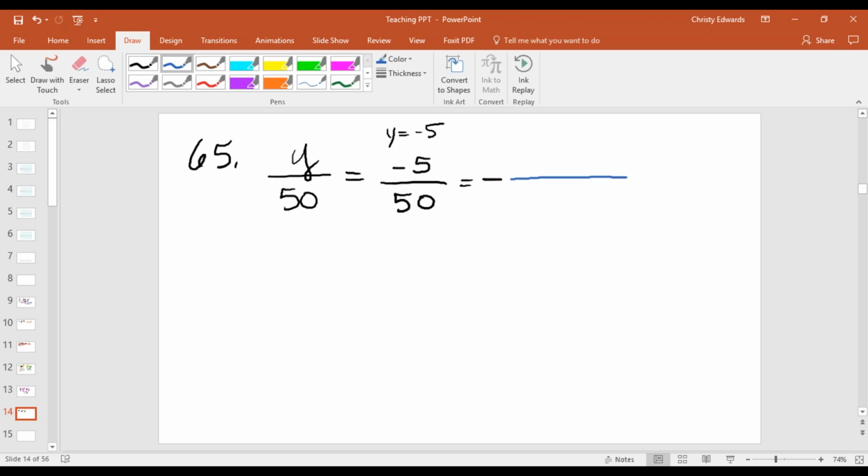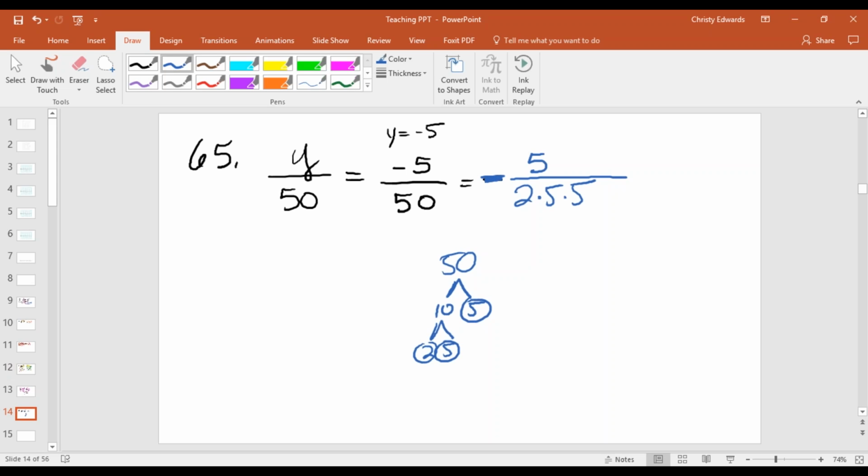Remember? 5 is prime, so the only factor is really 5. Prime factorization of 50 is 10 times 5, so you do your factor tree. 5 is prime, 10 isn't. Break it down. So 50 is 2 times 5 times 5.